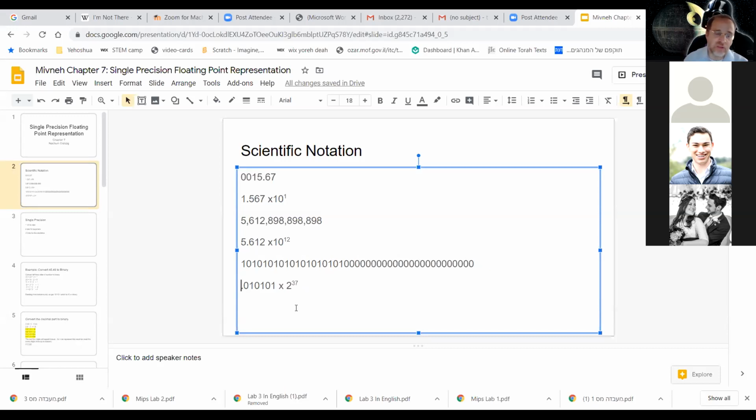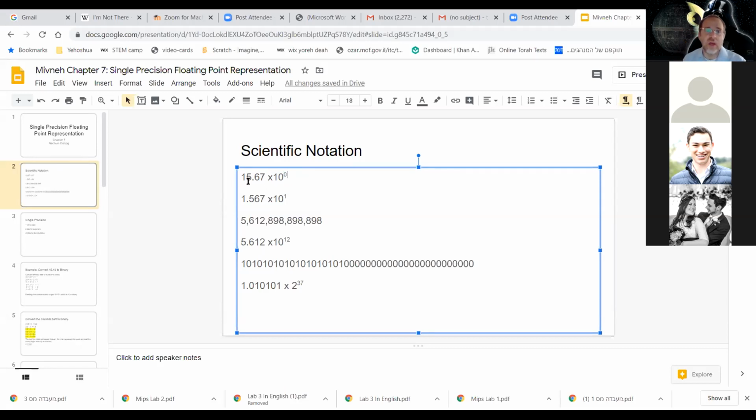Because, well, I'll tell you like this. First of all, I want to say something more about scientific notation. It's always represented as 1 digit to the left of the decimal point. Never 2. It wouldn't be scientific notation to write 15 times 10 to the 0, even though that is correct.